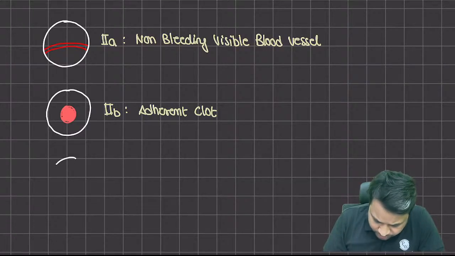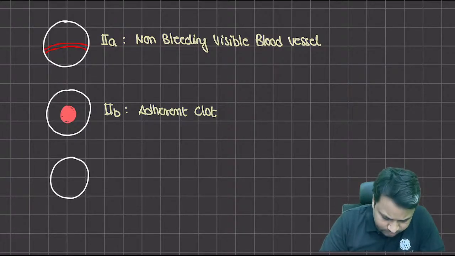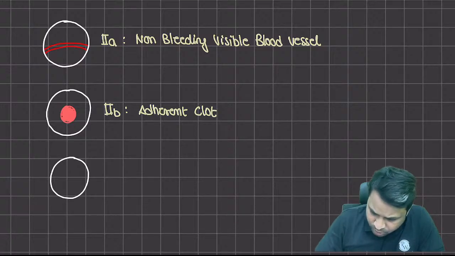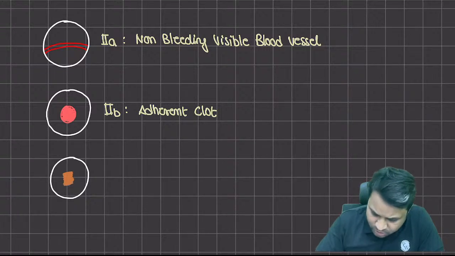Then you can see there is an ulcer that is present. There is a black spot on the ulcer. You will see there's a flat spot at the base of the ulcer.